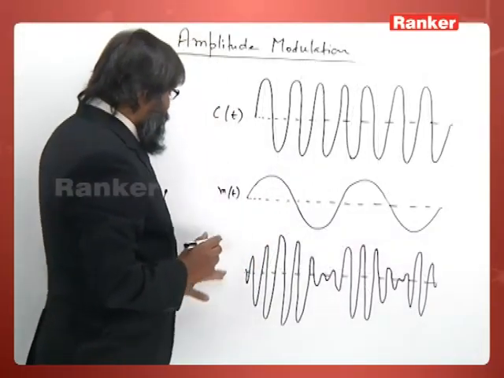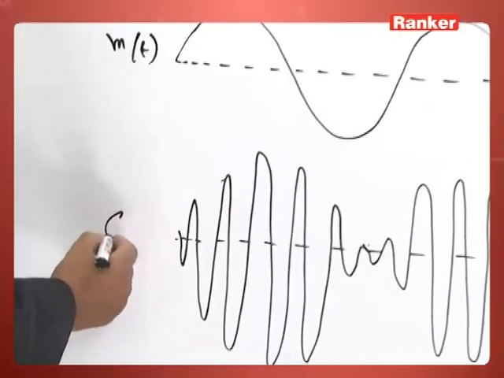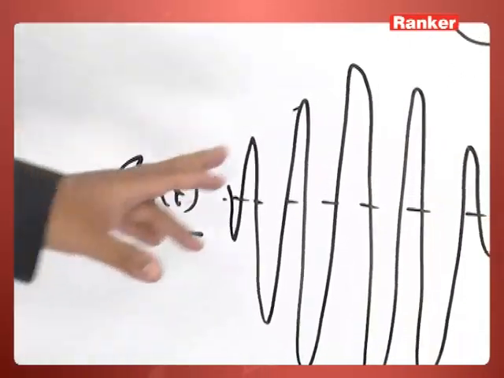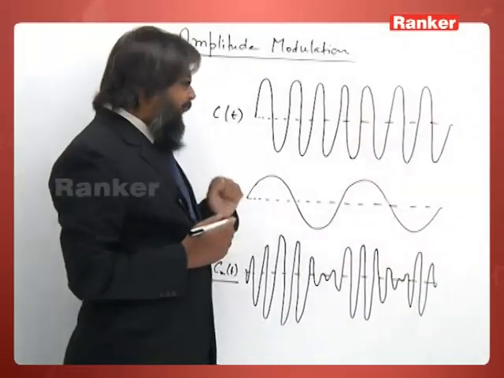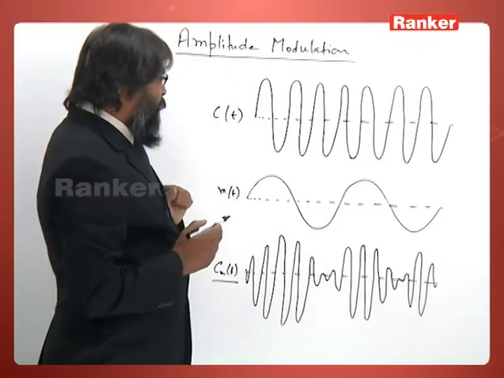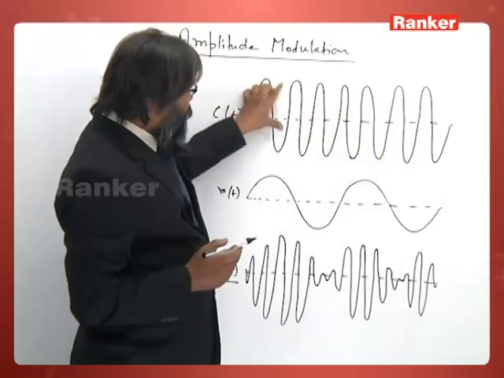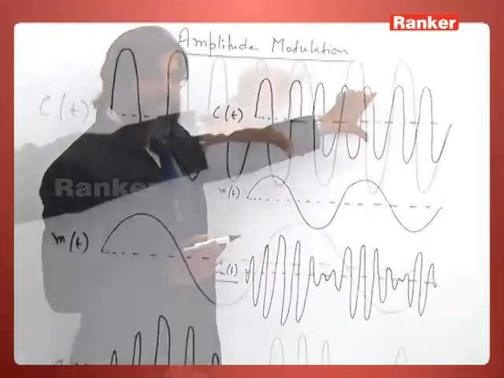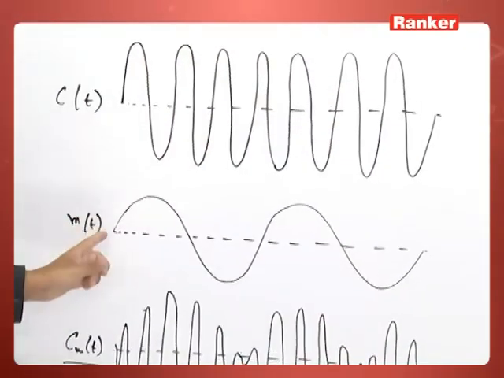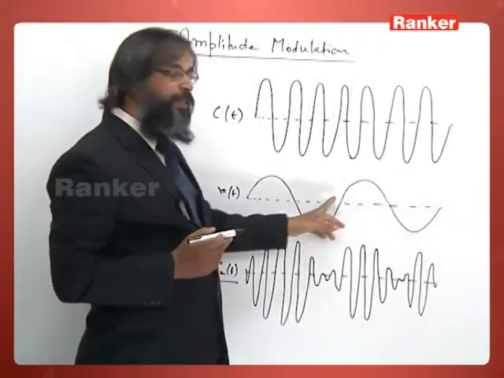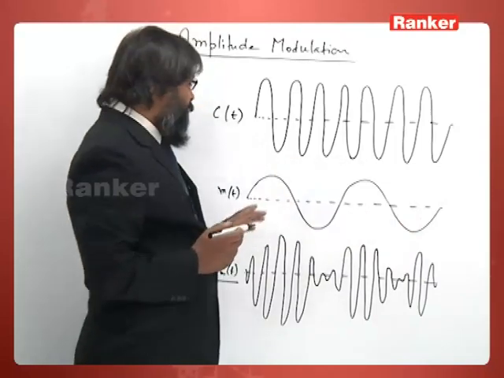Now, this is the carrier wave which is modulated, that is the modulated carrier wave. In amplitude modulation, the amplitude of this carrier wave is modified according to the instantaneous amplitude of this modulating signal.